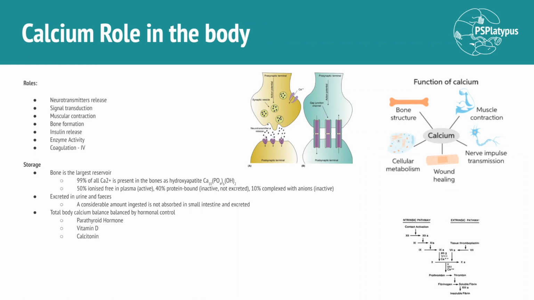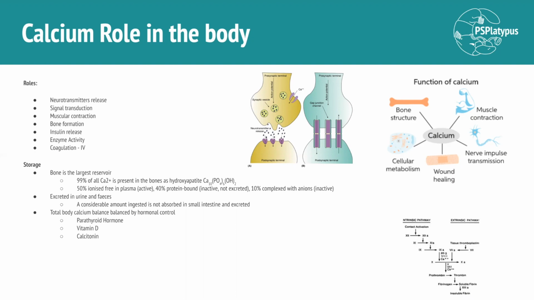It is also responsible for insulin release in a very similar mechanism as calcium in our presynaptic terminals, allowing vesicles to bind to membranes and exocytose insulin into the bloodstream in a very similar fashion, which will be discussed more in your diabetes lectures as well as PSP slides.